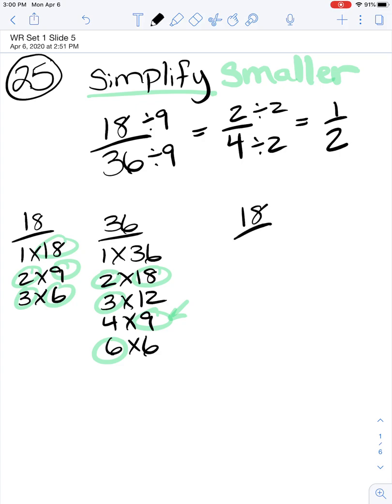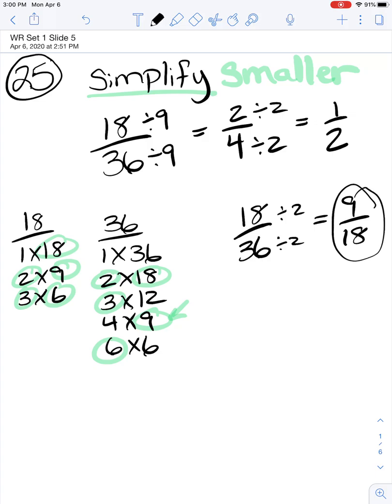You could have simply just done 18, 36, and divided by 2 for each one, and that would have still been correct. But you should also know that 9/18, 9 is half of 18, so it would get you to your 1/2. I would have taken a lot of different answers. Just getting to our smallest equivalent fraction is what we did.